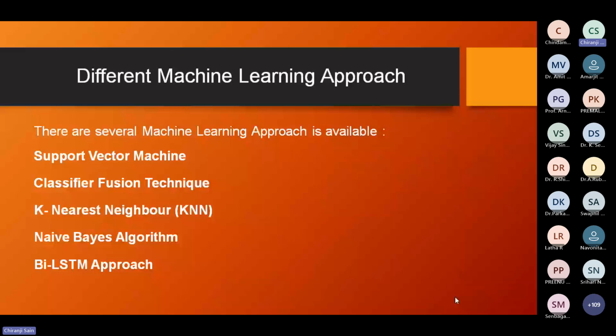And here, I would like to tell you that among the support vector machine, classifier fusion technique, nearest neighbor, and lastly the bi-LSTM, bi-LSTM is one of the competitive machine learning approaches, because it is the so-called long short-term memory, and it is renowned for its proficiency in capturing long-term dependencies. And bi-LSTM employs two LSTM approaches.